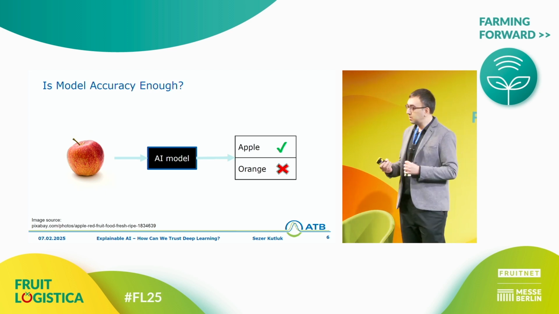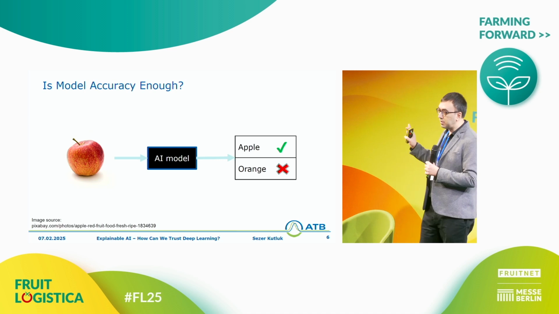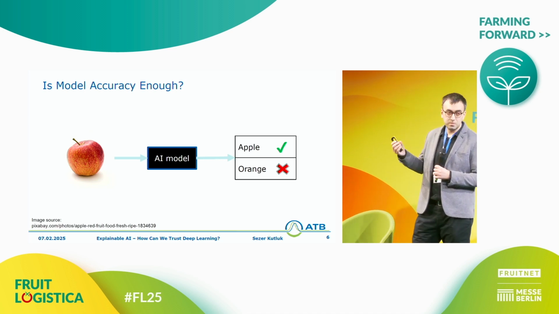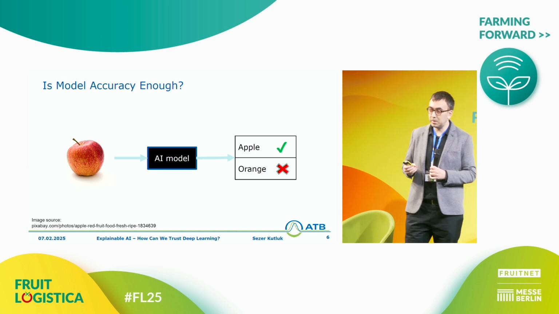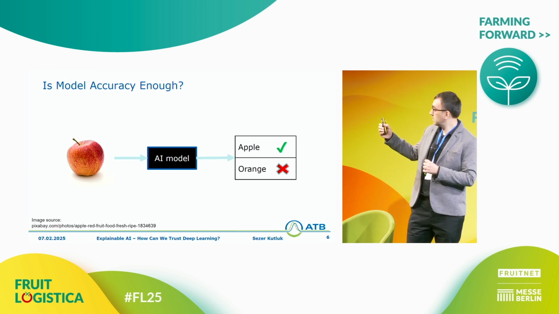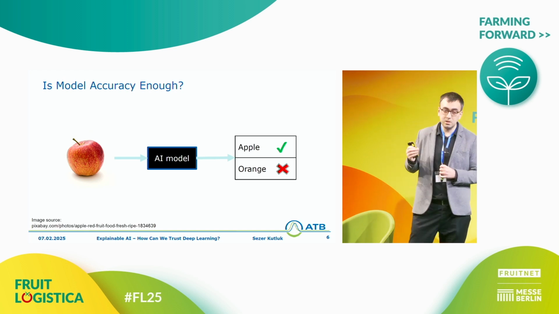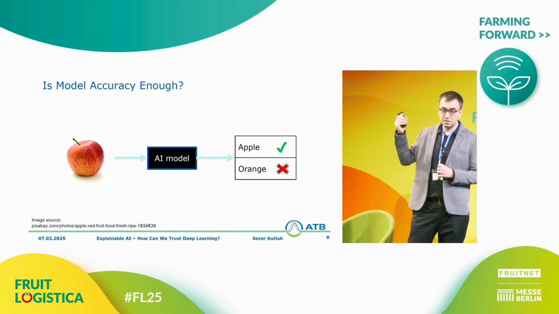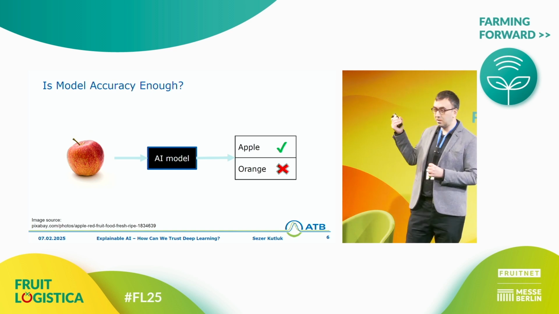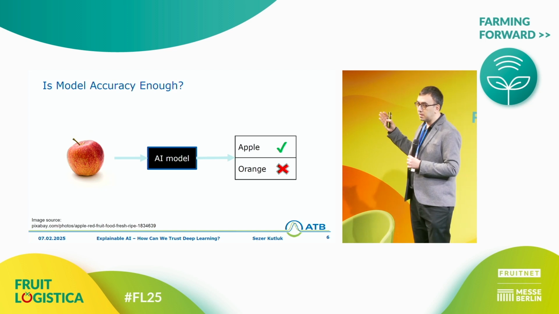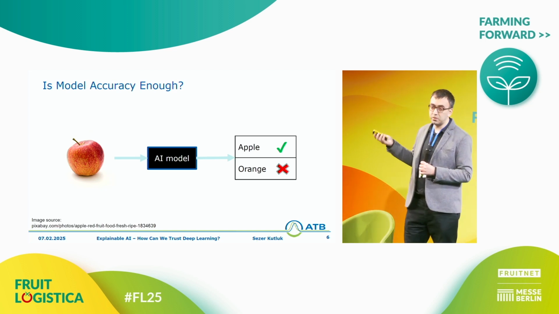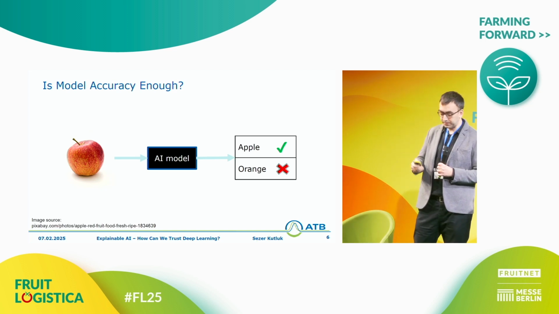And we measure the performance in the standard way. We measure the performance based on accuracy and relevant metrics. So if the decision of our model is apple in this case, it's a correct decision. If it's an orange, it's a wrong decision. On a test set, we calculate the overall performance of our model.